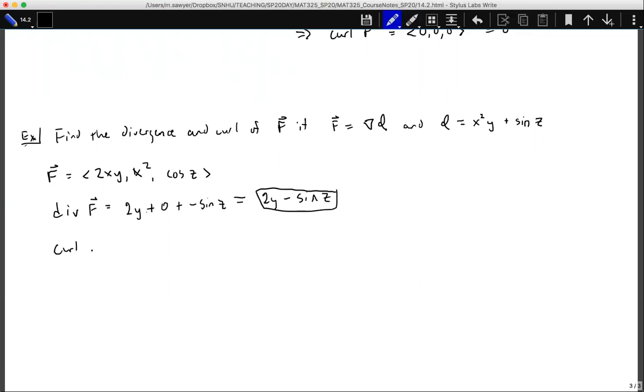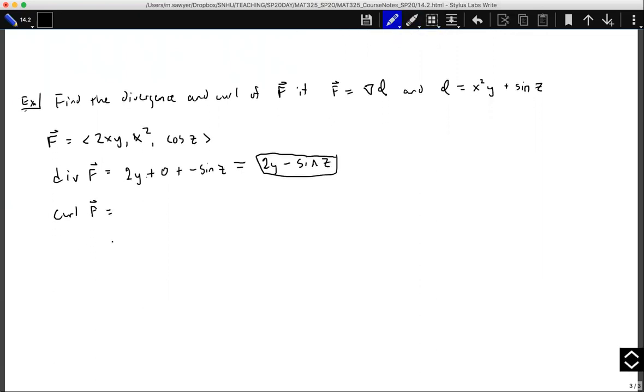And now our curl of F, we have 3 components, so we can use our cross product formula. So we have our i, j, and k notation. We have our partial with respect to x, our partial with respect to y, and our partial with respect to z, and then 2xy, x squared, and cosine of z.